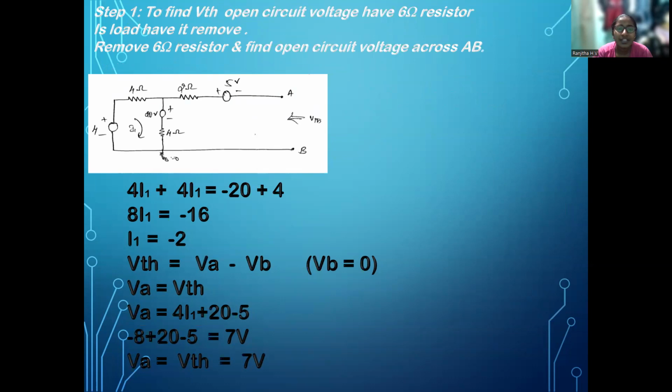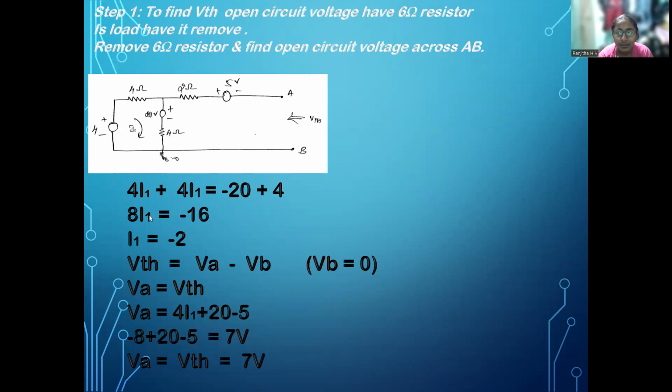To find the VTH, the 6 ohm resistor is the load, so remove the 6 ohm resistor and find the open circuit voltage across AB. Then we have to apply the KVL rule in the first and the second loops of the circuit.